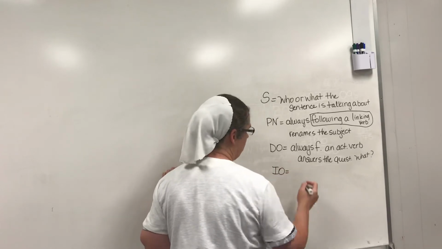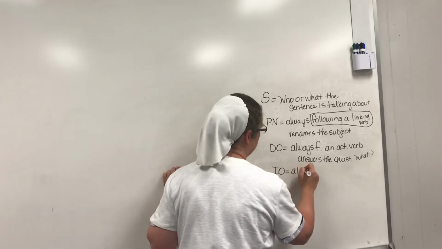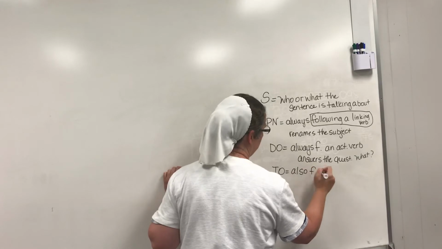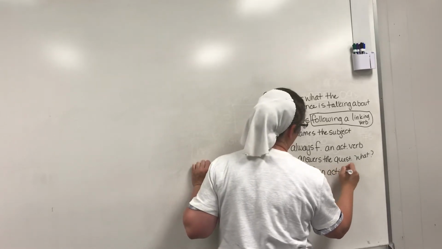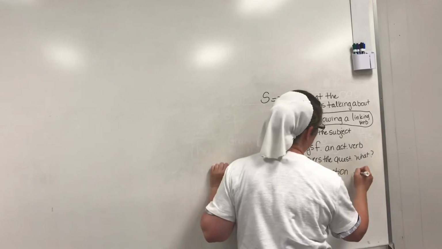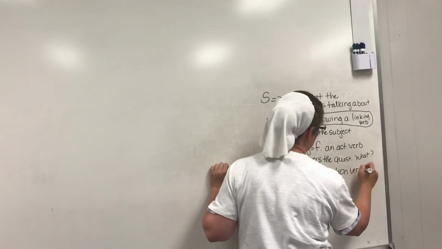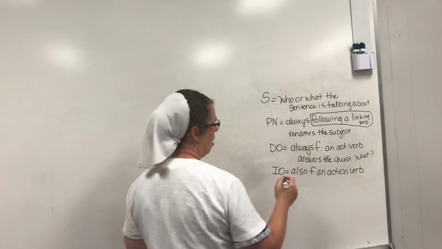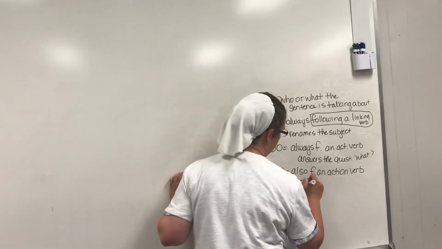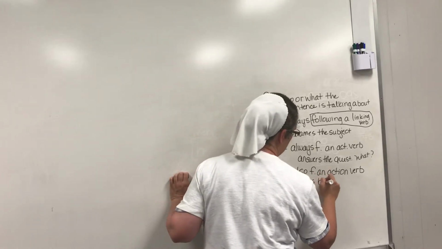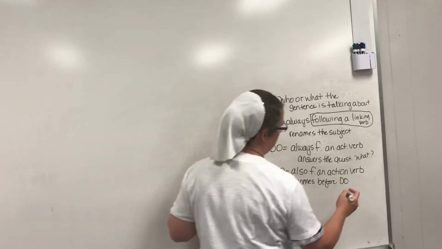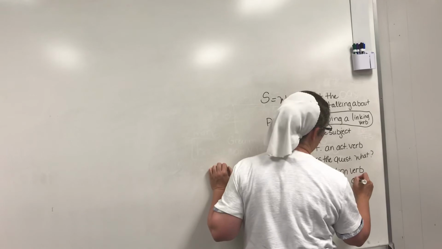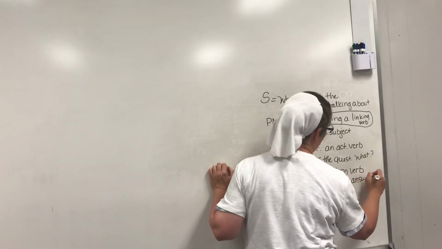Then you have an indirect object. This also follows an action verb, but always comes before the direct object and answers to whom or for whom.